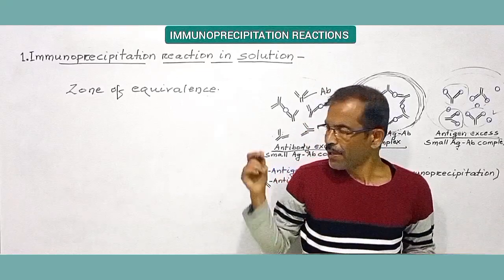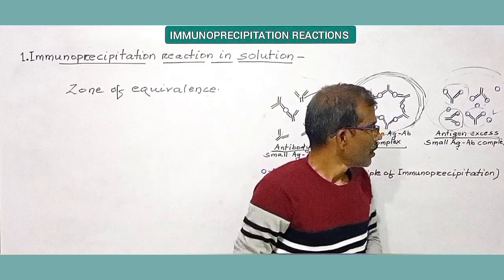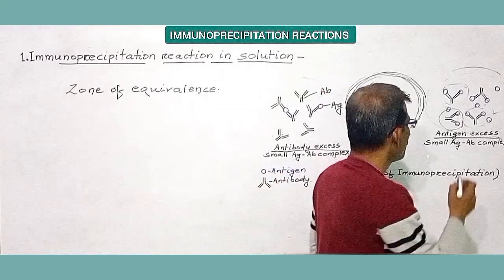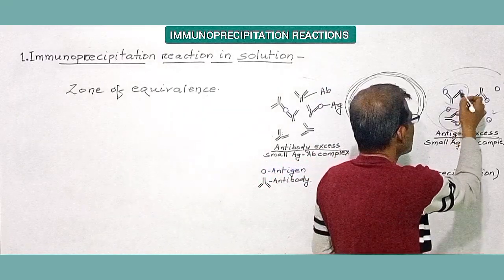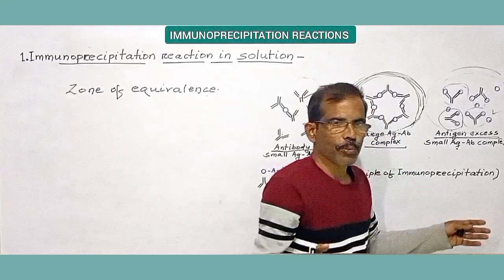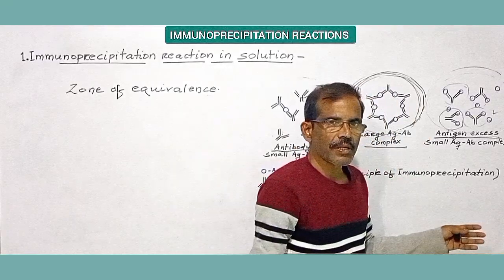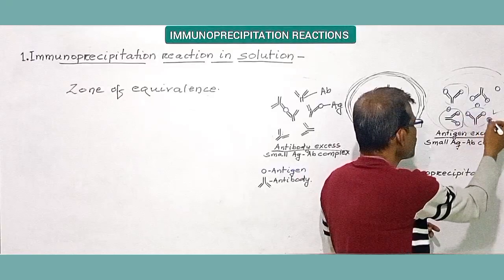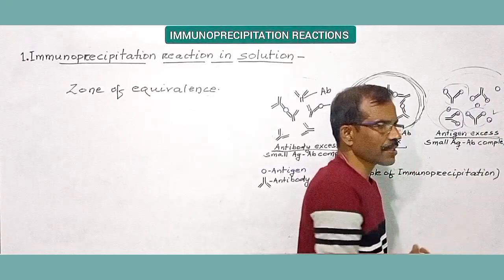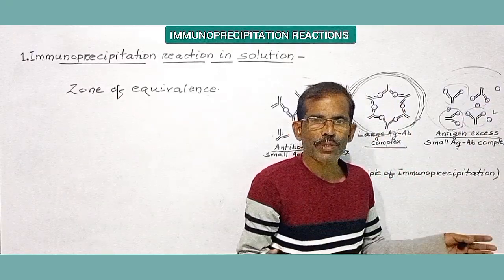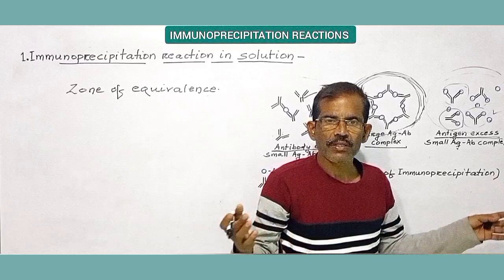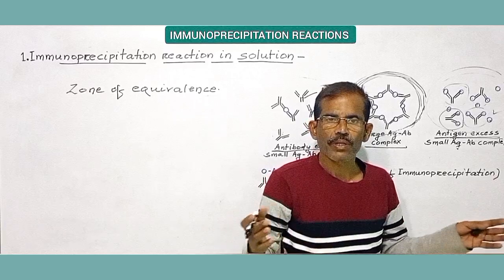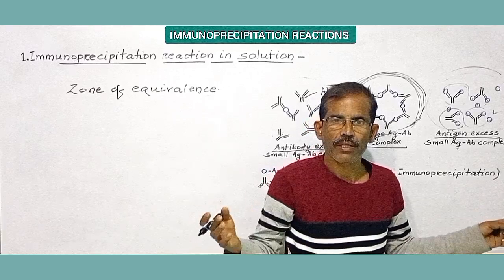Like the zone of antibody excess, in this zone also, antigen and antibody are not in equal proportion. This results in the formation of small soluble antigen-antibody complexes. Because of this, in the zone of antigen excess, precipitation is inhibited.